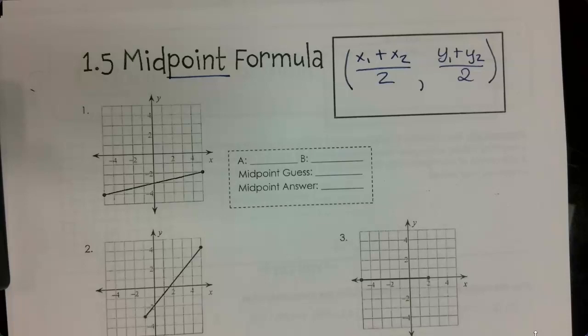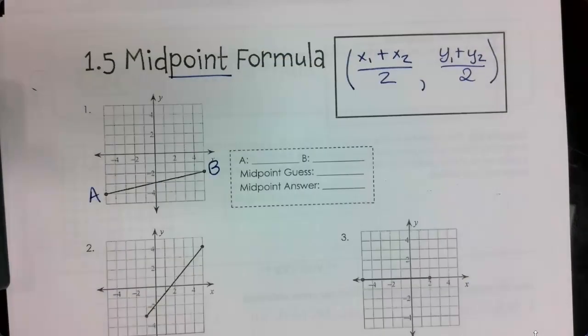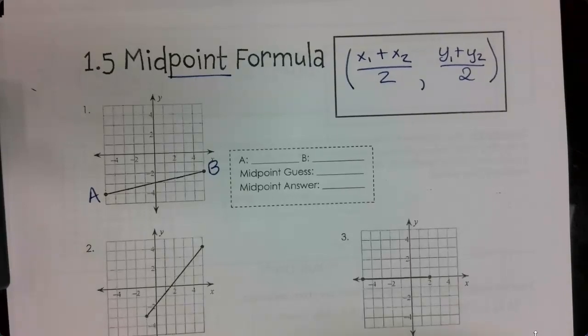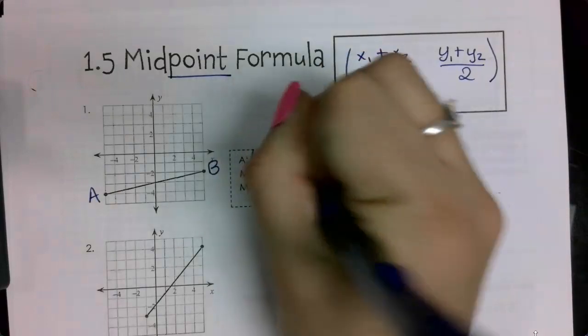Okay, so looking at my first one, what is my coordinate point for, oh, I need to label them A and B. So I'm going to label the one on the left A and the one on the right B. What's my coordinate point for A? And my coordinate point for B?